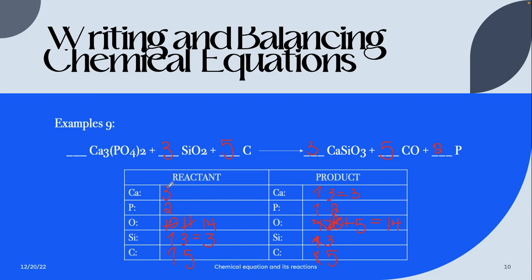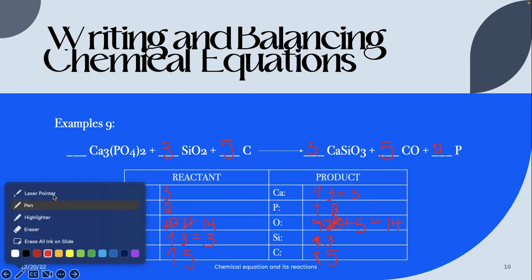Then, when we placed the 3 here in front of the silicon, it made 6 oxygens. Then 6 and 8 will give you 14. Here, 3 and 3 is 9. So there should have been 9 oxygens here.